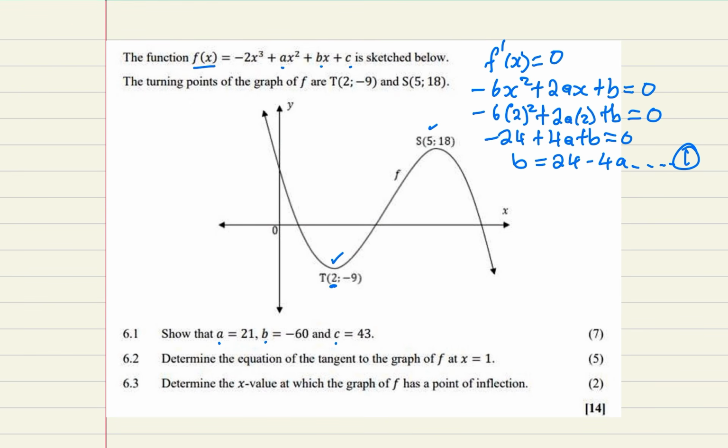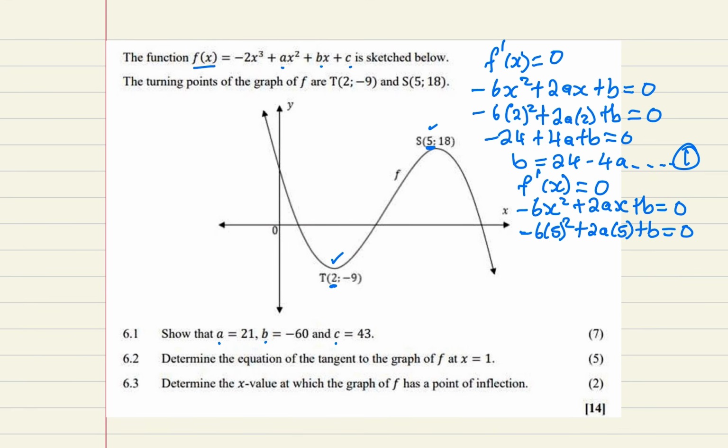Then the first derivative again, equals 0: negative 6x squared plus 2ax plus b equals 0. Now we substitute the second x coordinate, which is 5. So we have negative 6 into 5 all squared plus 2a into 5 plus b equals 0.